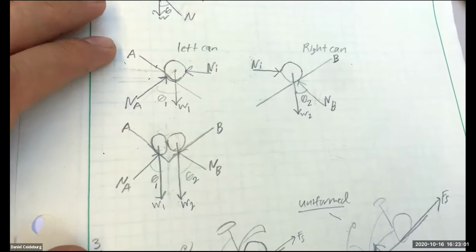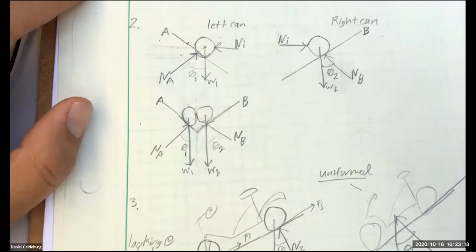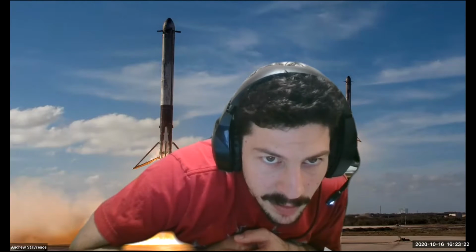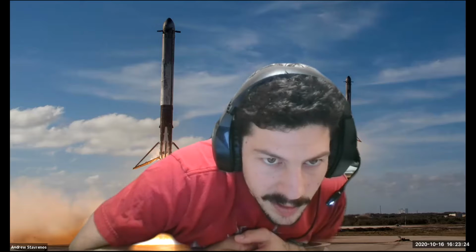By putting a different variable on them, now they know for sure they're at different locations. Also, the right can is a little lower than the left can, but it's close enough. That's fine. Angle one, angle two, normal. Yeah, looks good.